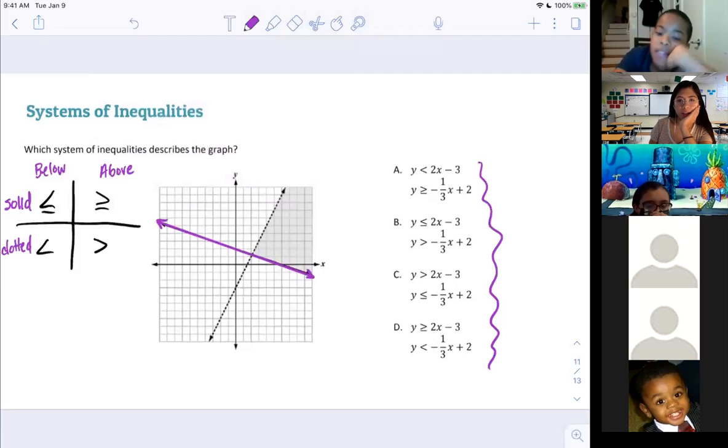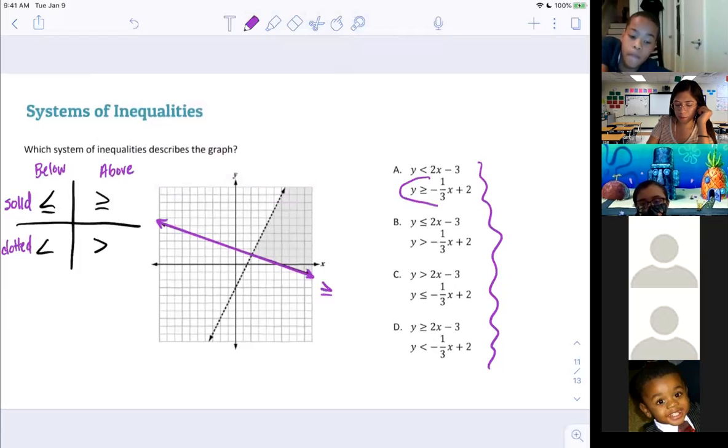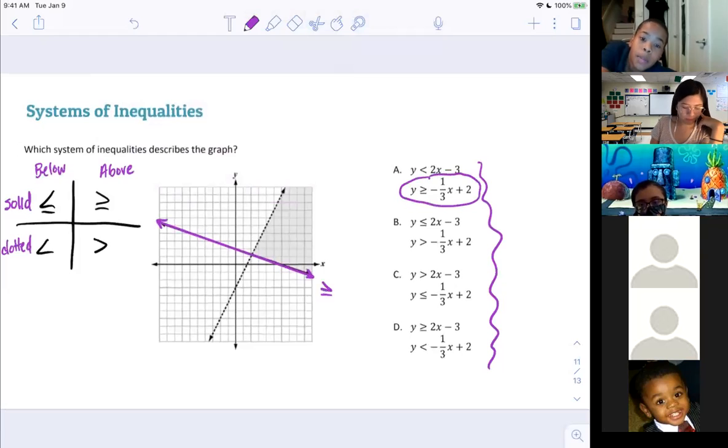And why is it A? You're correct. Why is it A? Because it has the symbol. Which symbol was I looking for? The one that's above and solid. Greater than or equal to. And how did you know that it's this equation that matches? It has a 2 at the end, which is the y-intercept. Perfect, in function form.